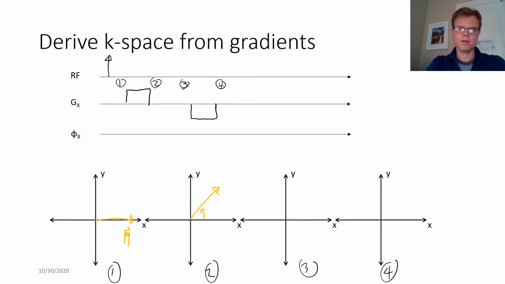During the next time period, there's no magnetic field gradient, so the magnetization is frozen at that interval. And then during this final time period, since we've reversed the polarity of the magnetic field gradient, that creates a rotation in the opposite direction. And we're going to set this up so that this is net zero accumulation.